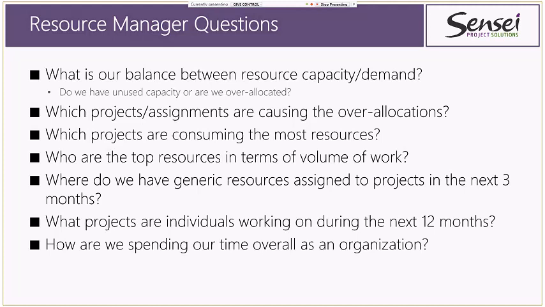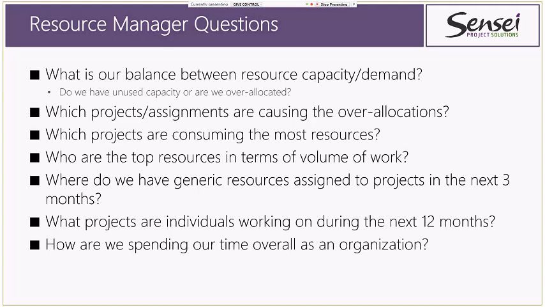So these are some of the questions that we get from resource managers, and I'll show you some screenshots of what we usually show them. But you have to imagine that all this data comes from the Microsoft Project schedule, and the resource leveling piece is very critical to getting this data right. So as a resource manager, I might want to see my resource availability, as per one of the questions here. How am I doing by role, by team, by department?